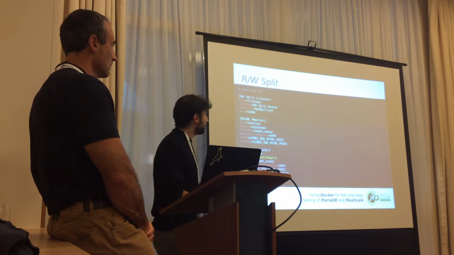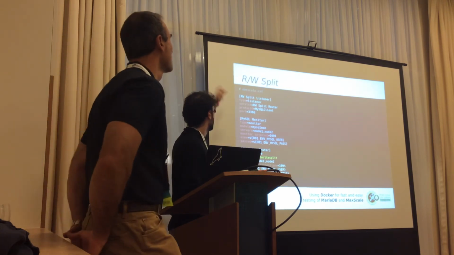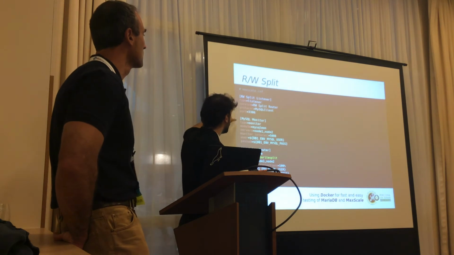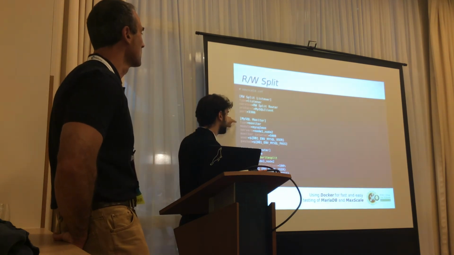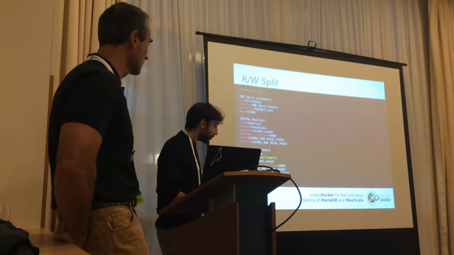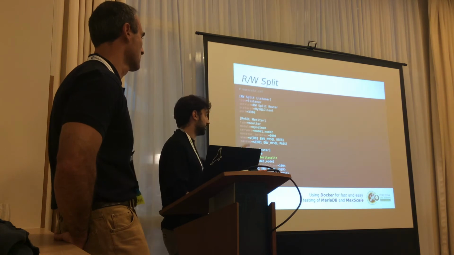So the MaxScale configuration again is really simple. We have, like before, a unique entry point to MaxScale. And we have a new piece that is called monitor in MaxScale. Monitor is essentially something that MaxScale uses to monitor the status of the servers.